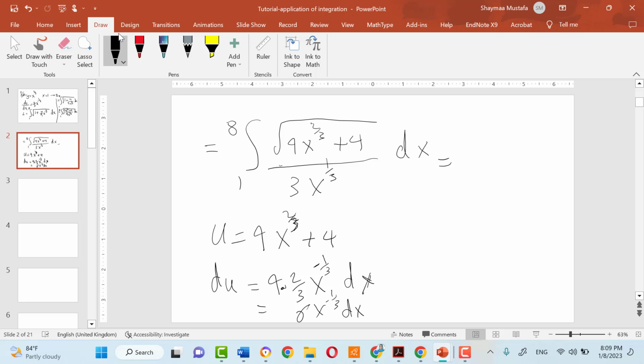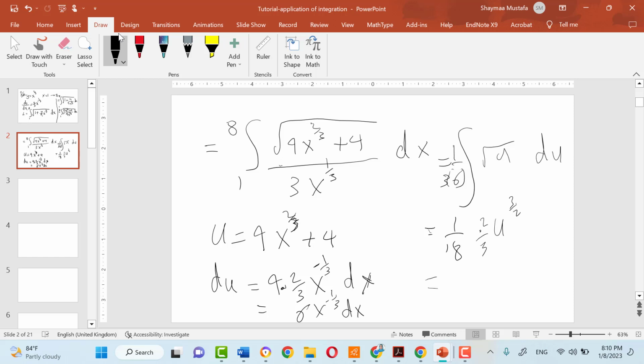So now this integration will become the square root of u, du, which is 1 over 3 times 6, which is 1 over 18. The integration here is a power function, u to the power 3 over 2 times 2 over 3.